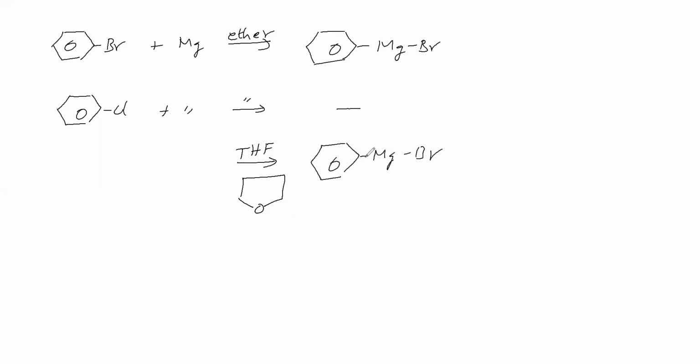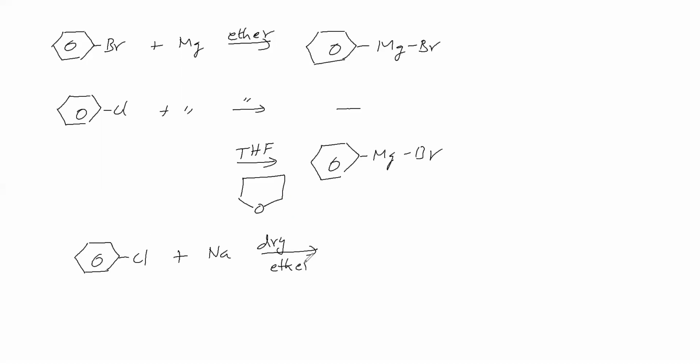Next, we will see other reactions of aryl halides. We will take aryl chloride, that means chlorobenzene. This is treated with the sodium metal in the presence of solvent dry ether.